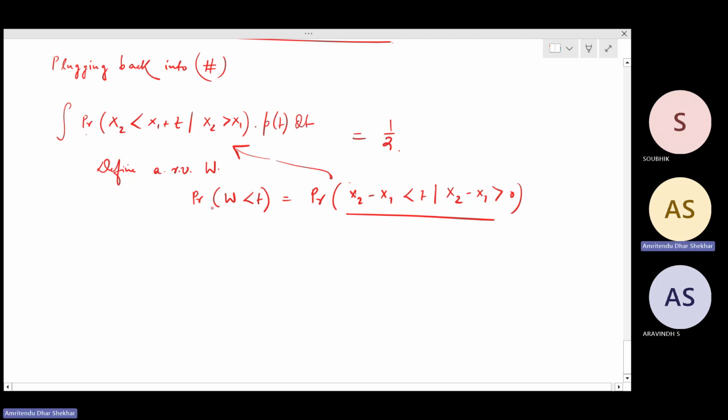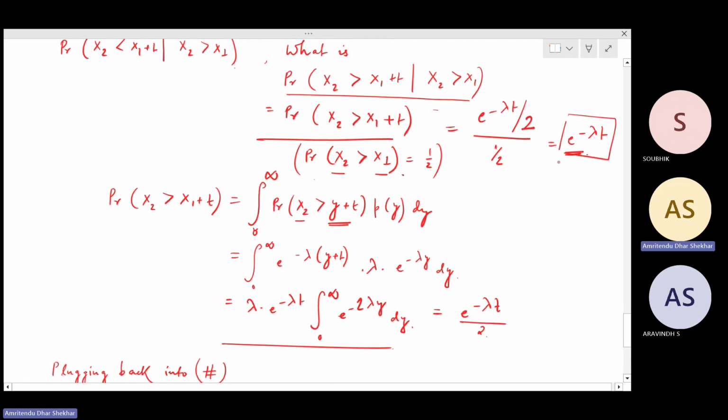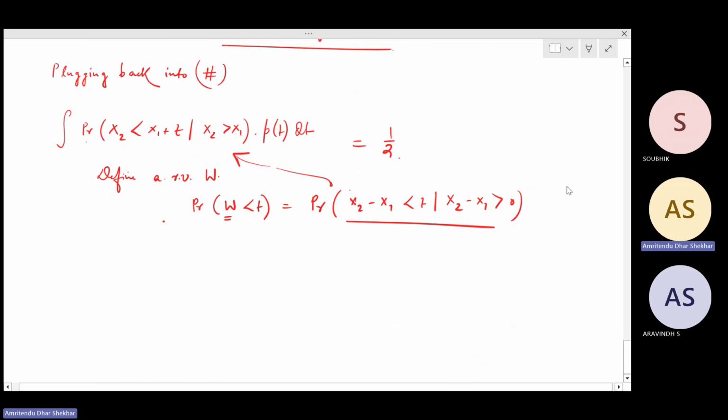Now, from this expression, we get that w is also exponentially distributed.